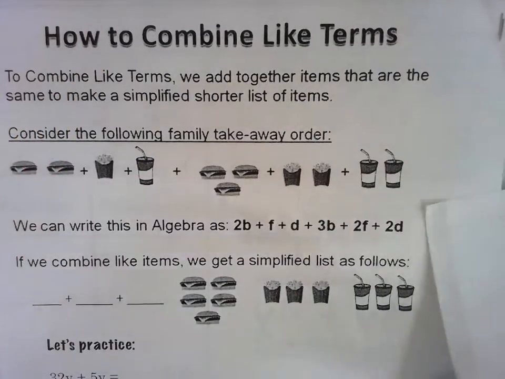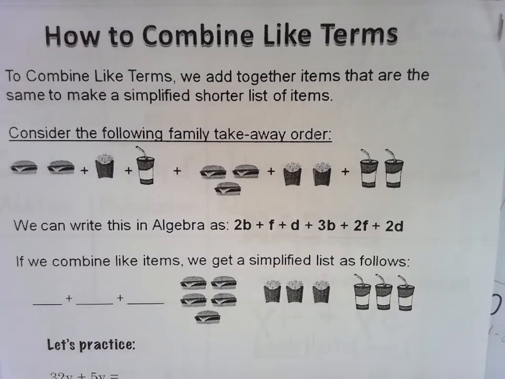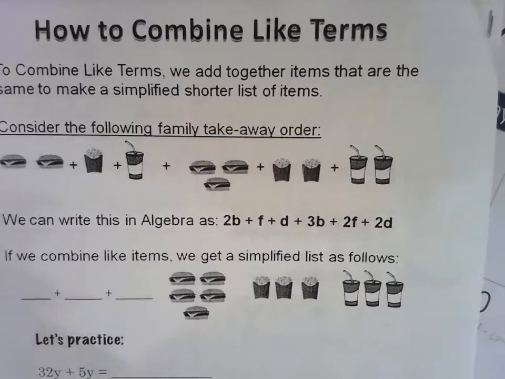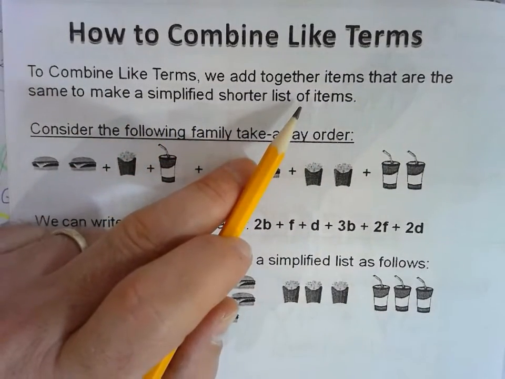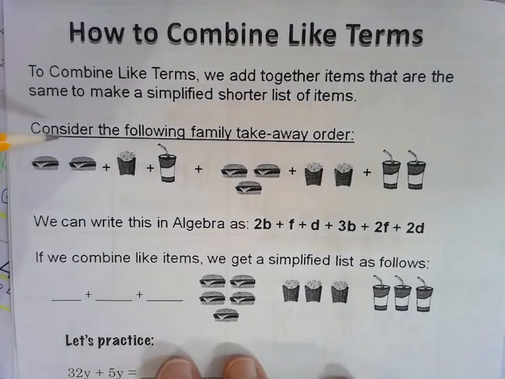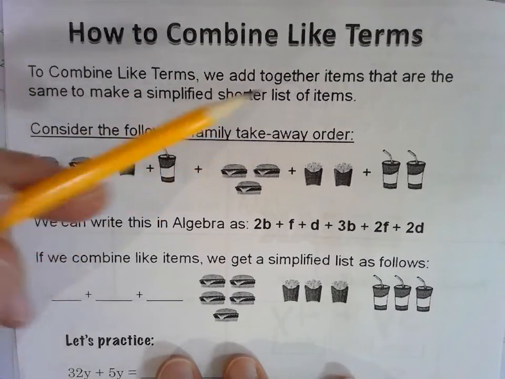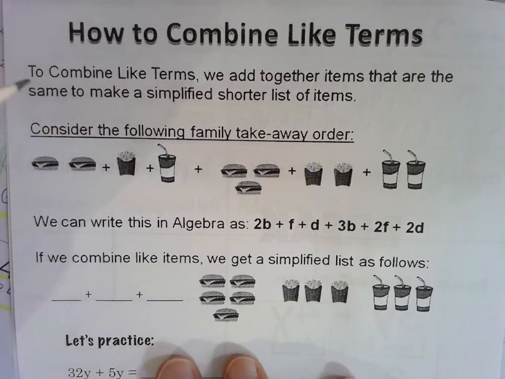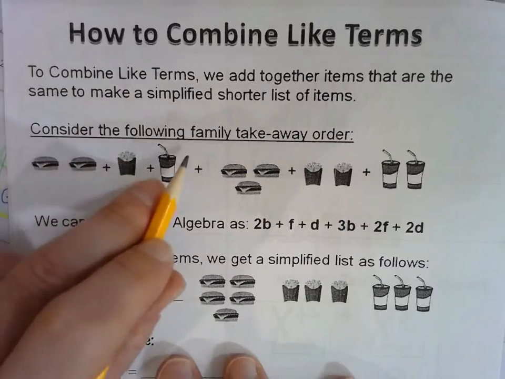Alright, so what we're looking at now is how to combine like terms. To combine like terms, we add together items that are the same to make a simplified, shorter list of items. All right? So consider the following family takeaway order. If your family went out to eat and you ordered a bunch of stuff, we have burgers, fries, and drinks.